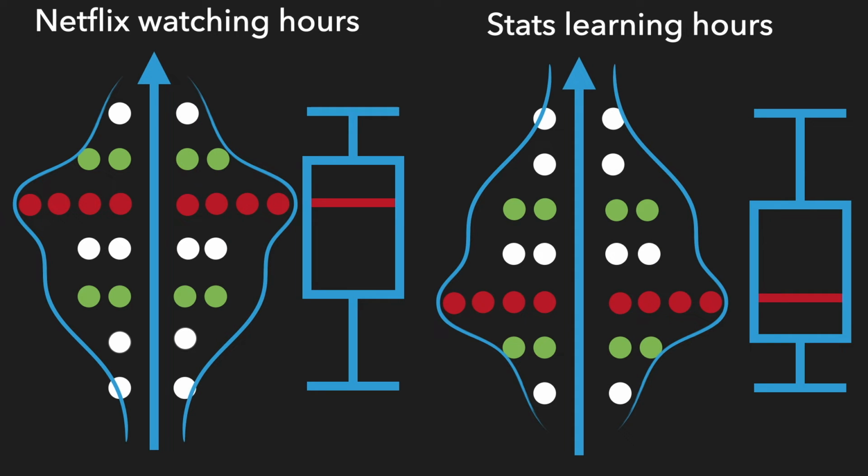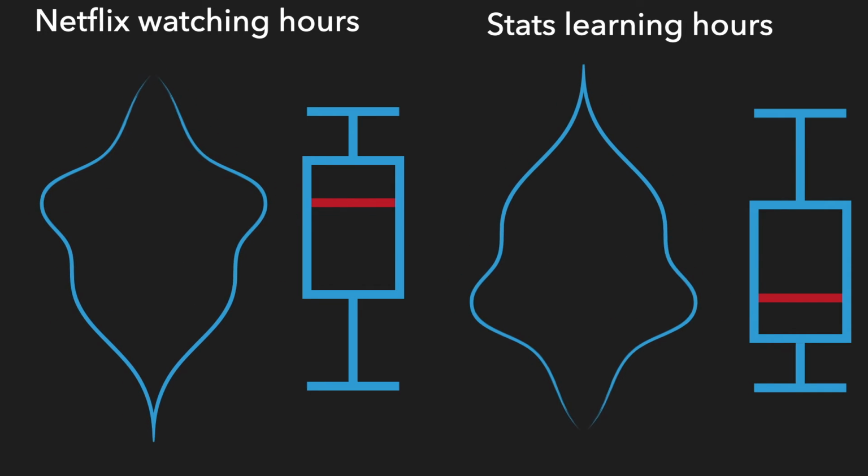Since the distribution curve shows the same as the data, we can actually remove the points in order to declutter our plot without losing any information. This would leave us with a violin plot, which aims to show the distribution of the data, whether it is normal or skewed, and to emphasize where most of the data are, namely at the widest part of the violin.